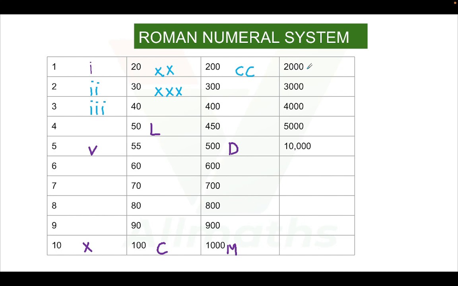M is another family of 1, which is 1000, and it can take a twin, which is MM, and a triplet, M, M, and M, giving us 3000. So let's move on to another rule in Roman numeral.